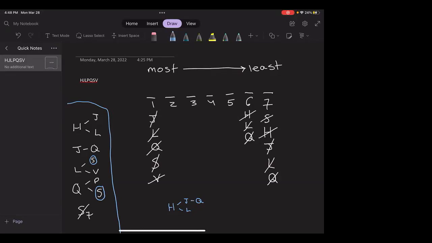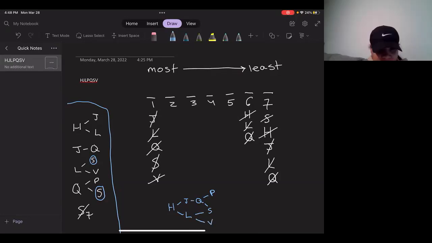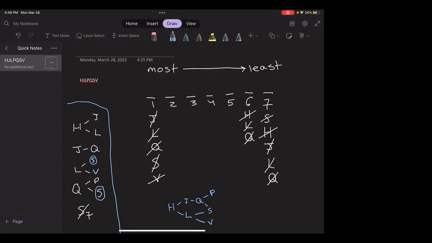So what we can do is Q, S, P, right? Let me make this a little bigger. And then L shares S and V. Let me see what I just did: H, then J, then L, then Q, and then we just put S and made the line longer. Yes.